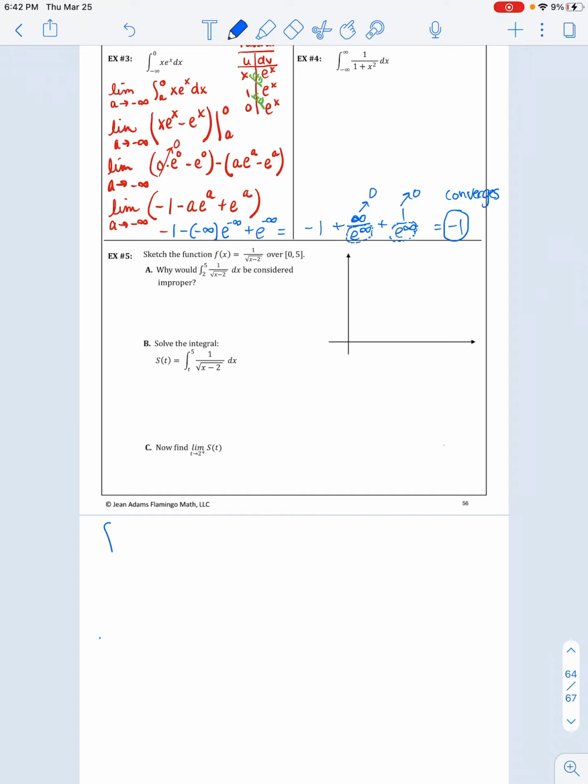Example number 4, I'm going to move down to this blank page. This is negative infinity to positive infinity integral 1 over 1 plus x squared dx. I do want you to think about, are there any x values that would give you division by 0? If you would think about that, you would need this x squared to be a -1.